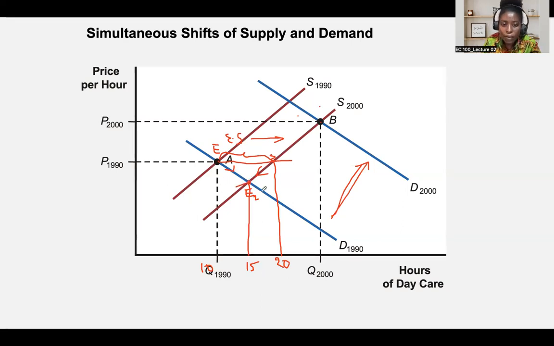remember, price was here. At this price, if we extend it to the new demand, remember that from the first equilibrium to here, price has fallen. Now income has increased, people have more money, people are demanding more.